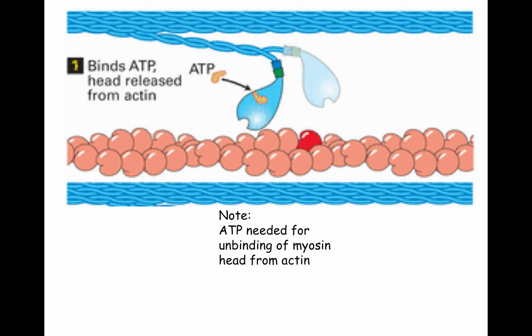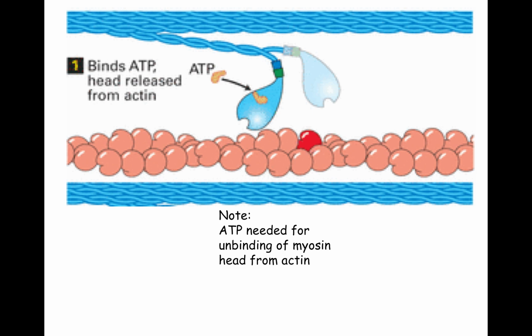And in step one, ATP is going to bind to the myosin. ATP is needed to unbind myosin's head from actin. So if there's no ATP around, at the end of the cycle, you'll see soon, myosin ends up bound to actin. If there's no ATP around, it stays bound to actin, and your muscles are very stiff.